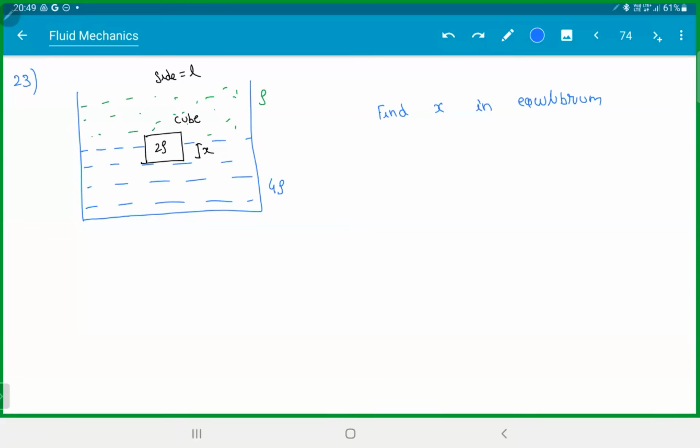How do we do this? Find X. Others, keep your cams on. Try.